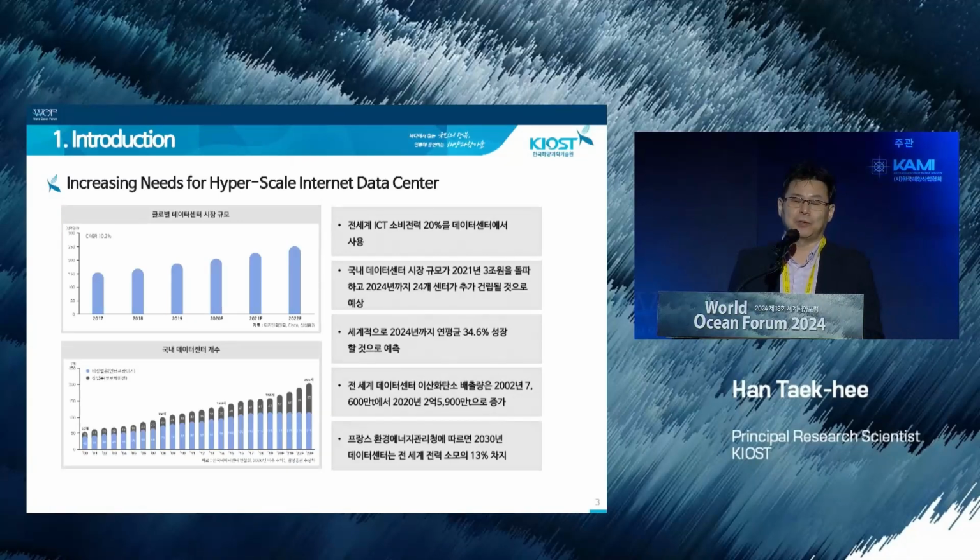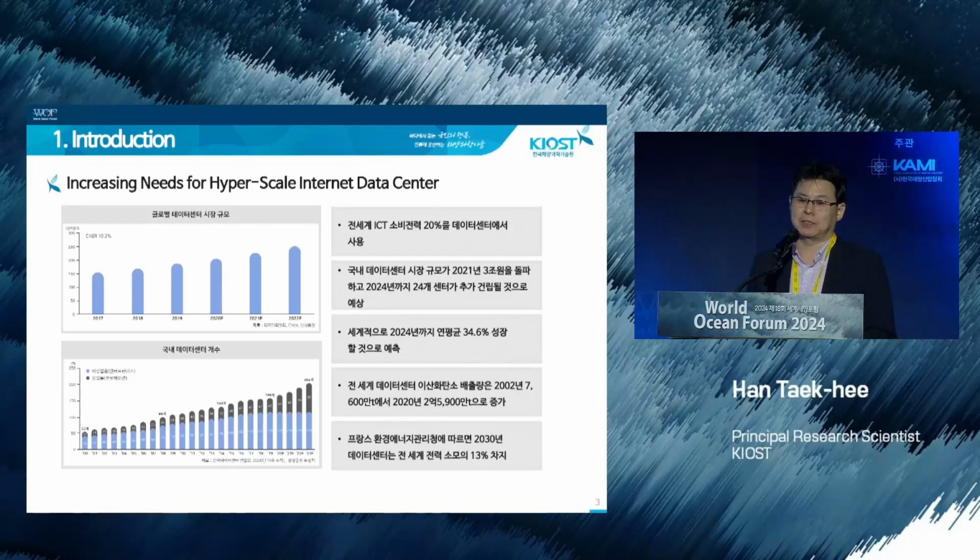So as I mentioned, demand for data center is increasing, and it will even grow in the future. And 20% of the total power used in the ICT is consumed by data center, and we see the same trend in Korea. And we see more than 34% growth rate of the data center as of 2024.